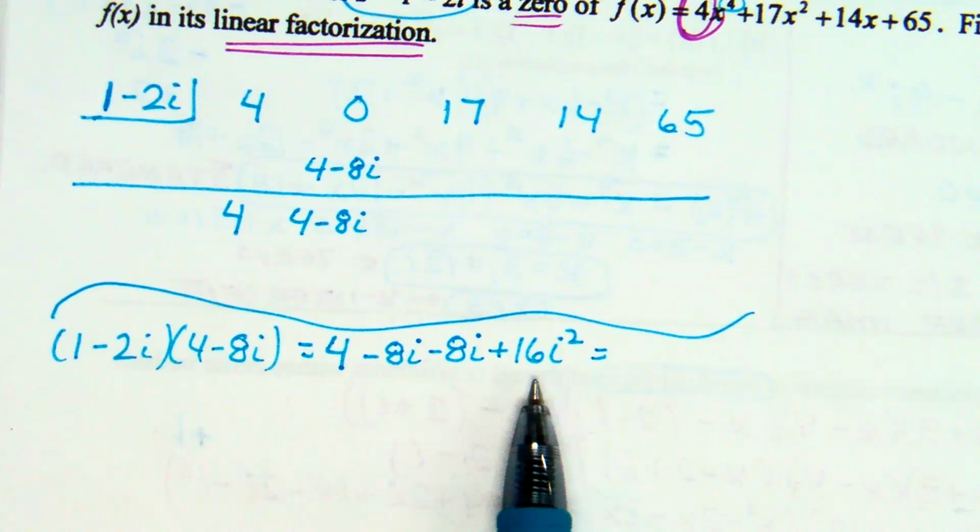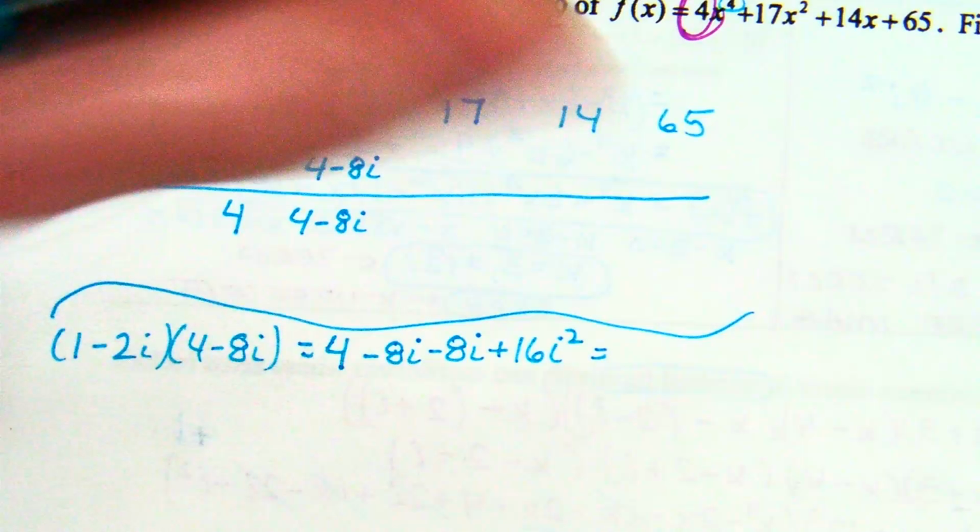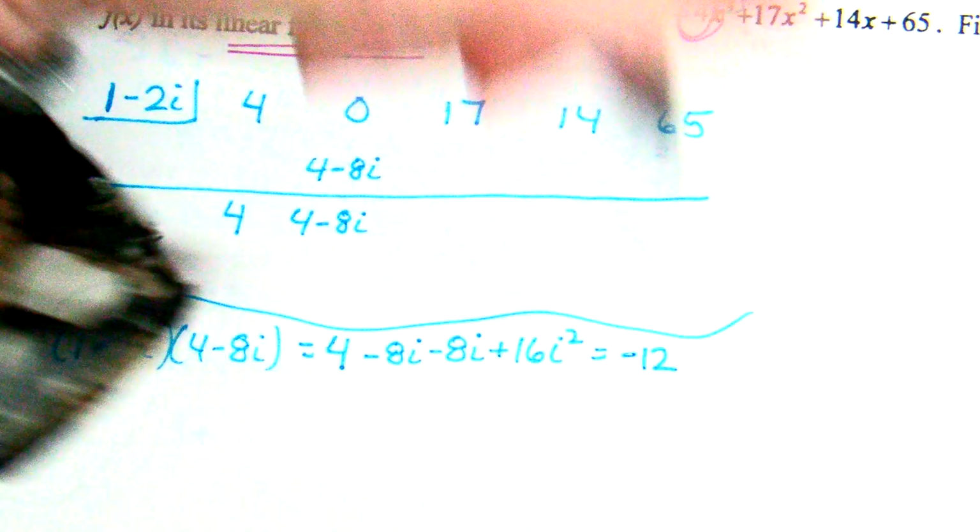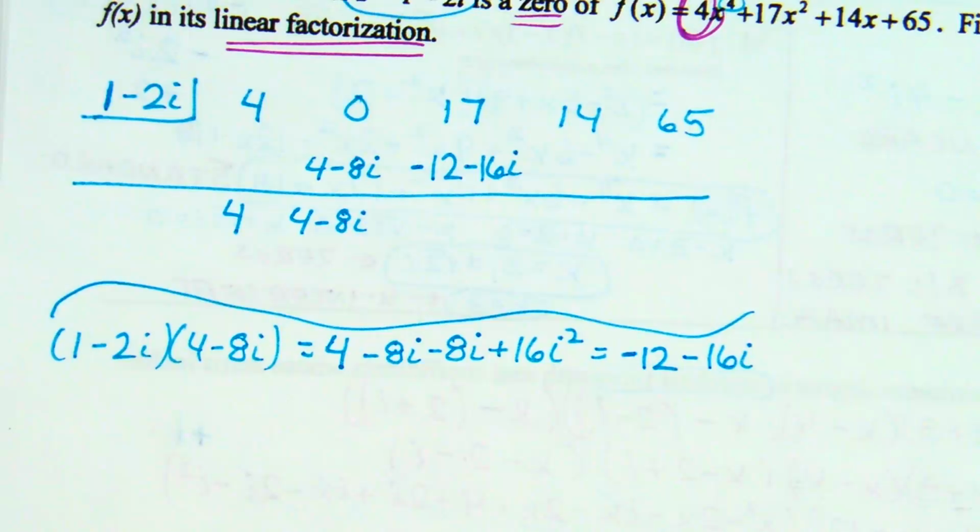So 4 minus 16 is negative 12. Negative 8i, minus 8i is negative 16i. So that's going to go up under the 17. Negative 12 minus 16i. Now we're ready to add.